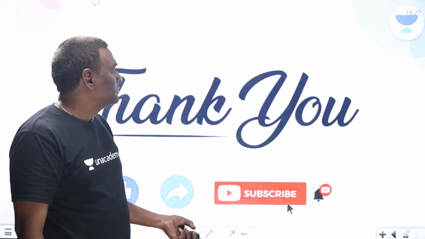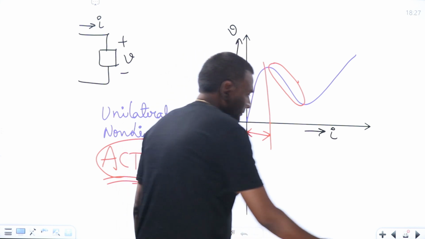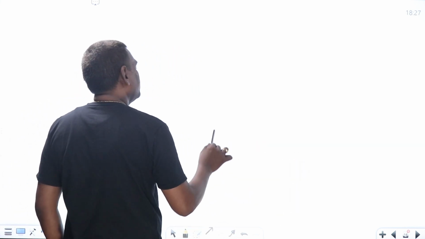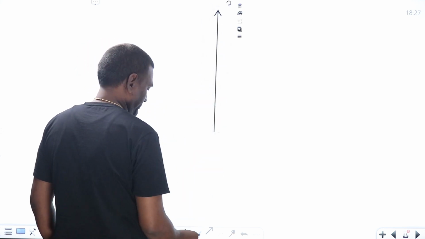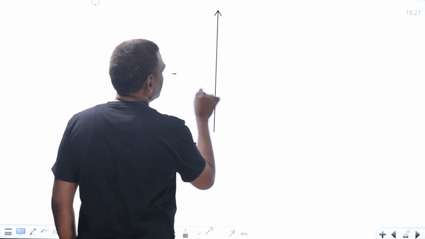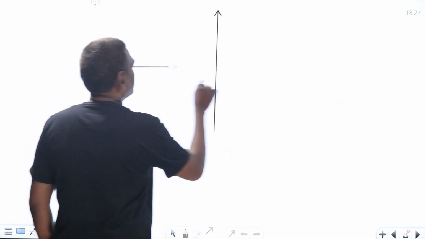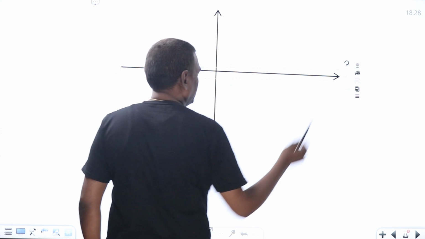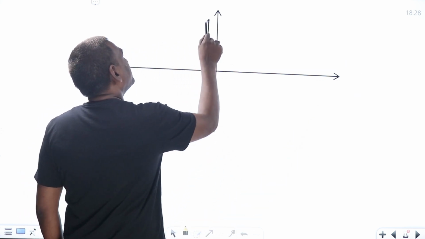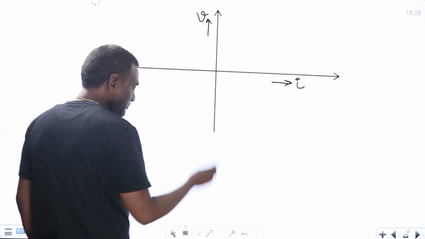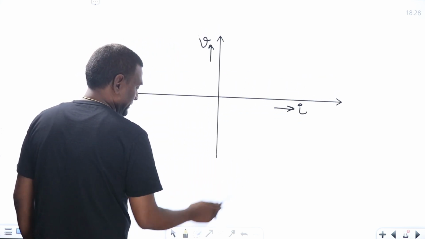But let us think of zero slope. Okay, if I think of zero slope, again voltage, current, op amp open loop characteristics if I consider.